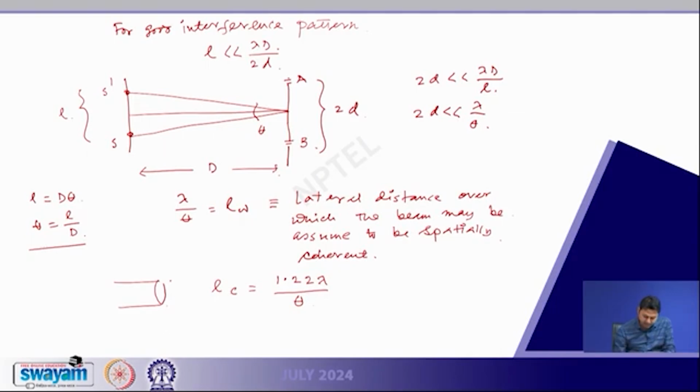So that is the separation one can consider if we want to find out what happens for the spatially coherent case. If the source is a single point source, then we are going to get spatially coherent light. If it is not, then it is not spatially coherent.